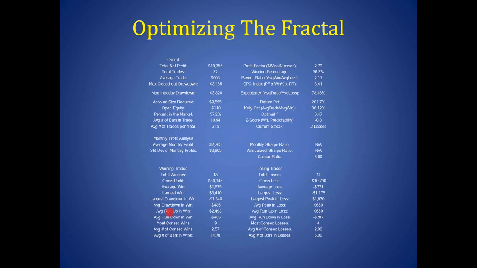Now, let me show you this down the bottom. Some of this data down the bottom is quite interesting. Other is something you won't use all the time. But this number in particular down here, I'm very interested in for reasons I'm going to tell you about later. And this is the average peak in a loss. But this is the most important one here, the average run-up in loss.